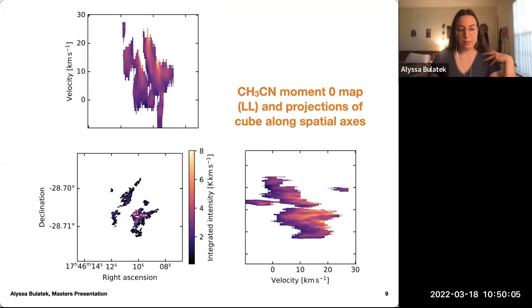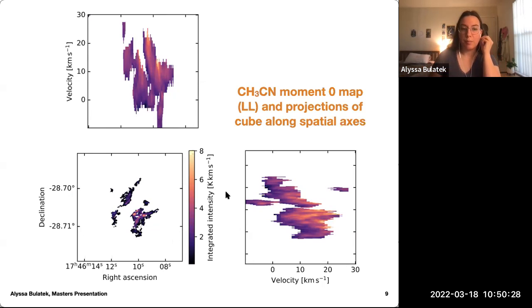So once we have those cubes and those signal masks of where the signal is, we can make what are called moment zero maps of the emission for any given rotational component in the methylcyanide ladder. That essentially integrates, sums up the emission along the line of sight for any pixel.